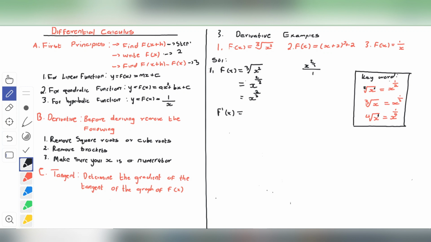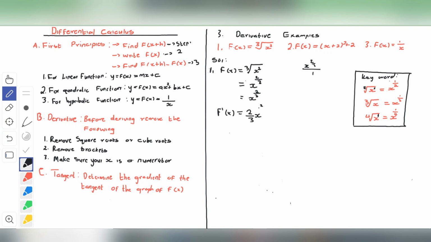Therefore, we're going to multiply that 1 with 2 over 3. Obviously 1 multiplied by 2 over 3 is 2 over 3. Therefore, we write that x the way it is. After writing x, remember we are deriving, so we need to subtract the exponent by 1 always.